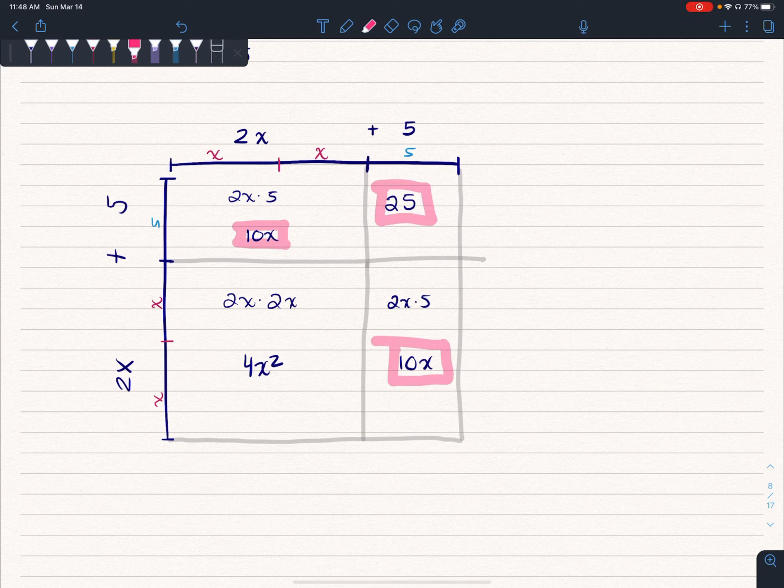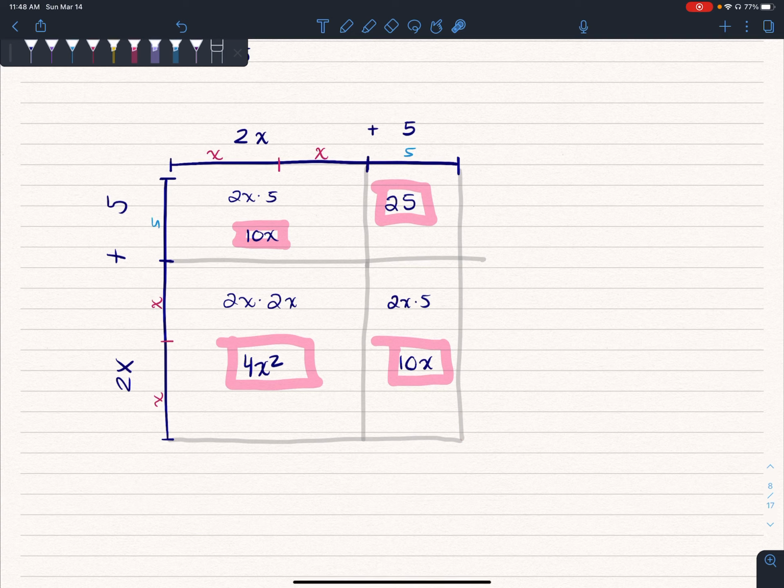So this is another way to visualize what's going on when you multiply binomials. So you can always use an area model if you like it. And it's just so that you can see why we call it a perfect square, is that the two sides of this shape that I made, they are the exact same length. They are both 2x plus 5, which means that they are making a square.